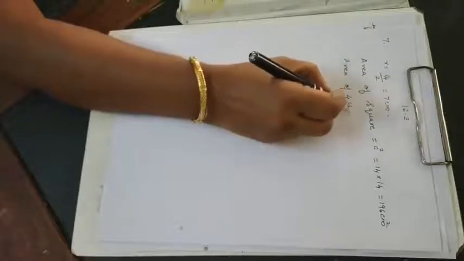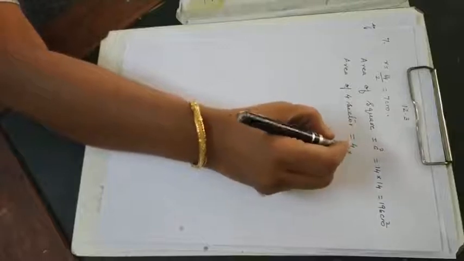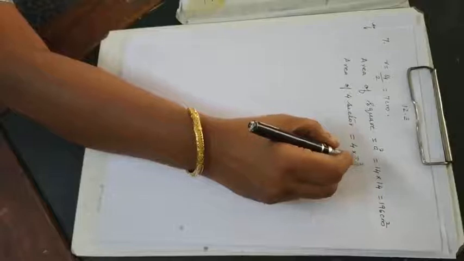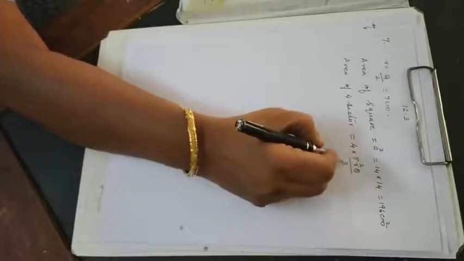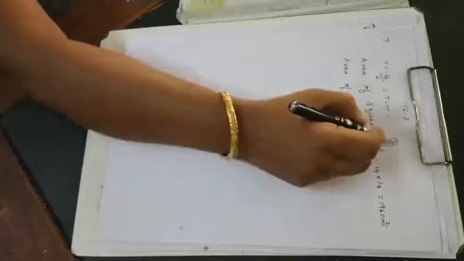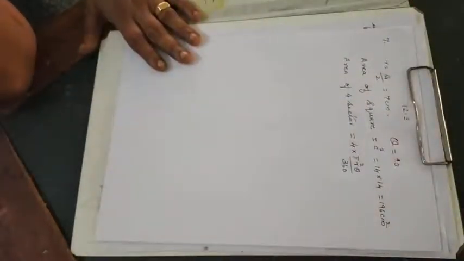So area of 4 sectors will be equal to 4 into, what is the area of a sector? Pi r square theta by 360, where r is equal to 7 and what is theta here? Theta here is 90 degree because all angles in a square are 90 degree.